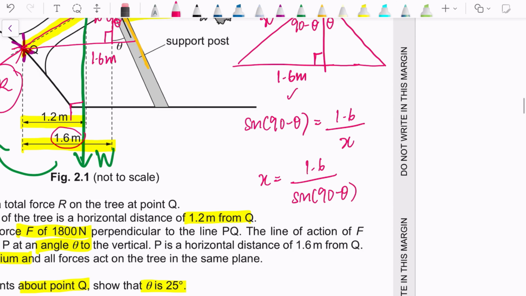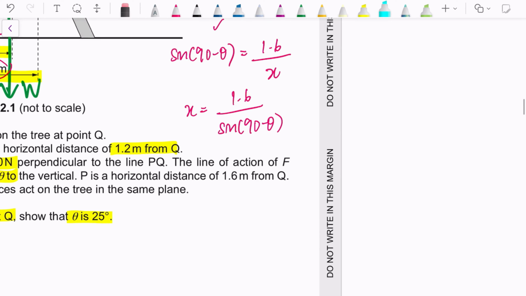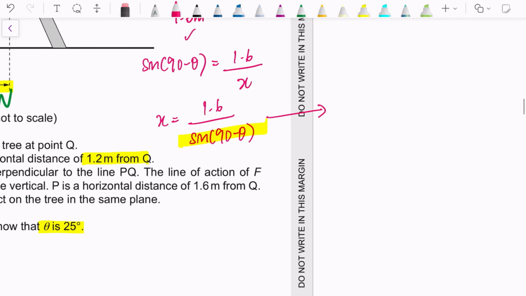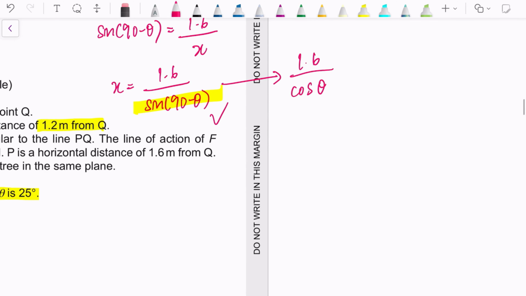In maths, sine of 90 minus theta is equivalent to cos theta, so that is 1.6 over cos theta. If you want to leave it as sine 90 minus theta, it's also no problem. You're still going to get the answer. But if you want to save a few seconds of your working, you just straight away write cos theta. Both are going to give you the same answer. It depends on your perspective.